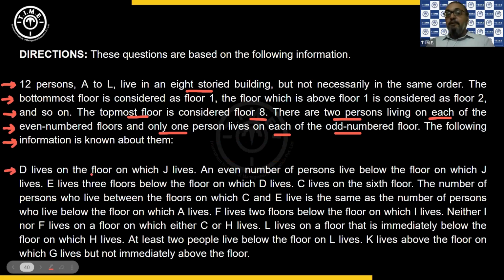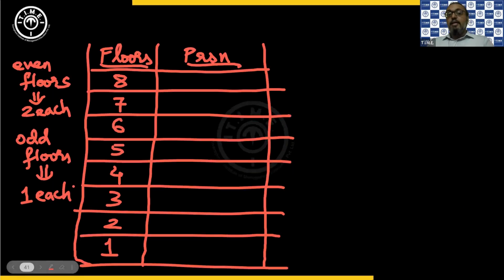So let's see what he says. Now he says D lives on a floor on which J lives. An even number of persons live below the floor on which J lives. Interesting. So I cannot have D and J in floor number 2, but I can have D and J in floor number 4, so that below you can have 4 people, which is an even number.